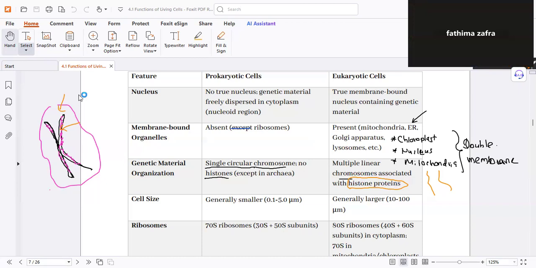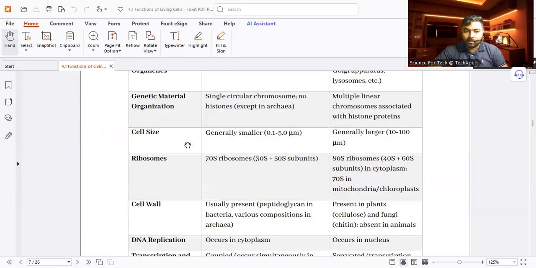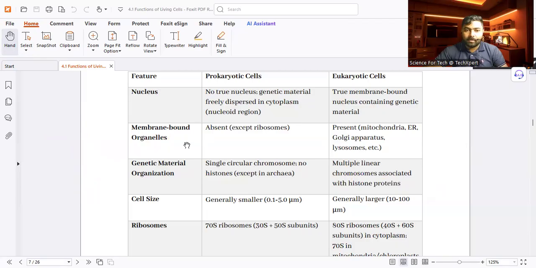That's it. Okay. Next one is cell size. Usually prokaryotic cells are smaller compared to eukaryotic cells.